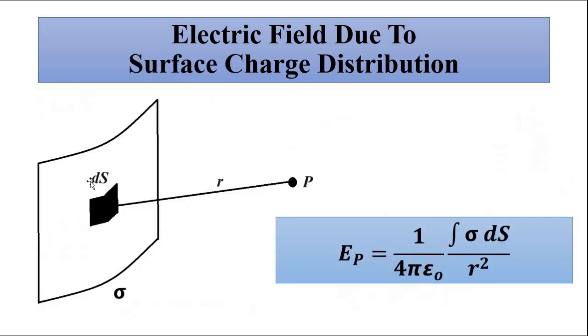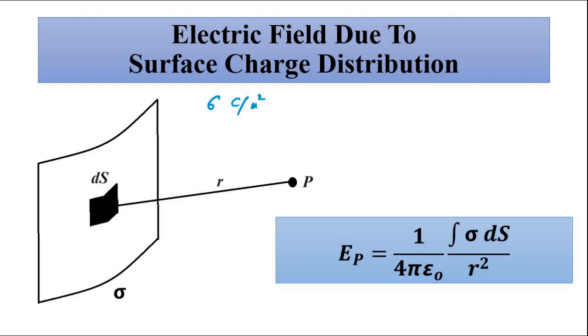Similarly, for a sheet of surface charge density sigma coulomb per meter square, the electric field at a point P at a distance r away from a small surface element ds.